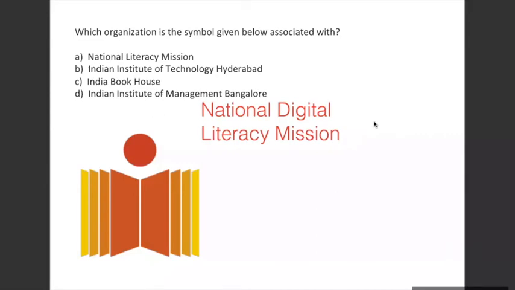And also IIM Ahmedabad, Indian Institute of Management, Ahmedabad.